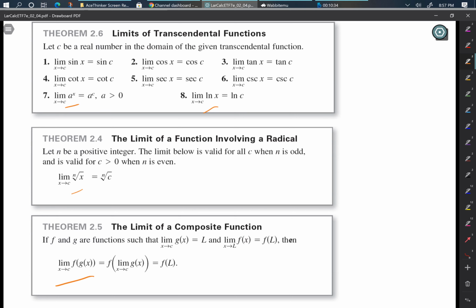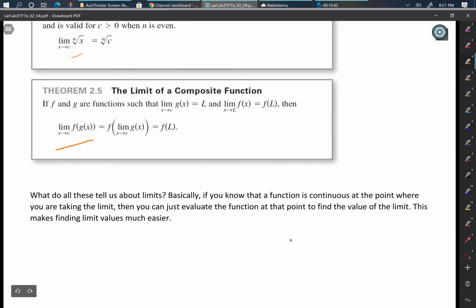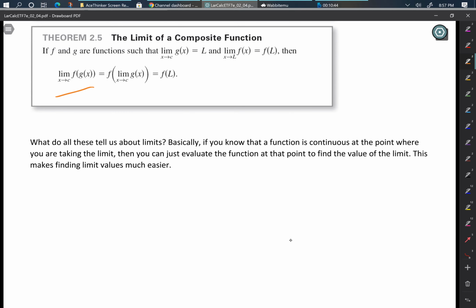So even though we're talking about continuity, our focus is still on limits. Everything is always about limits. Okay. So what do they tell us? If you know it's continuous, evaluate the function by direct substitution, you're done.